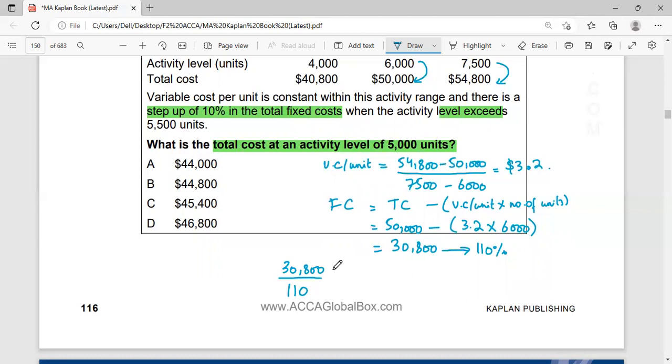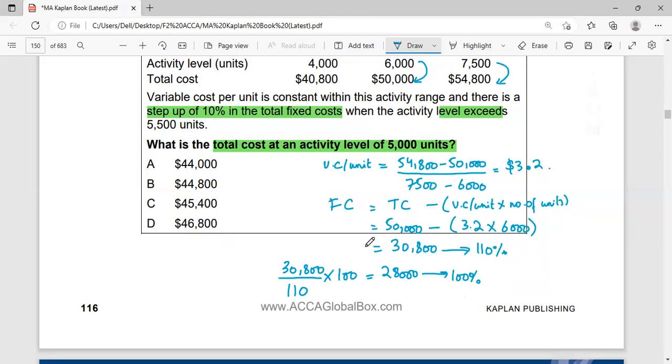Because I require the fixed cost at 100% without step up, I will multiply it by 100. So tell me what will be the answer of fixed cost? It's 28,000.